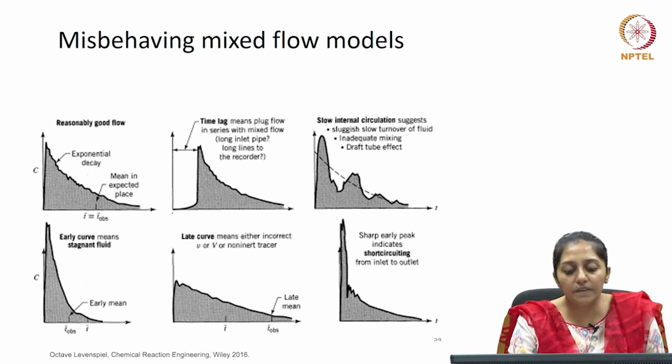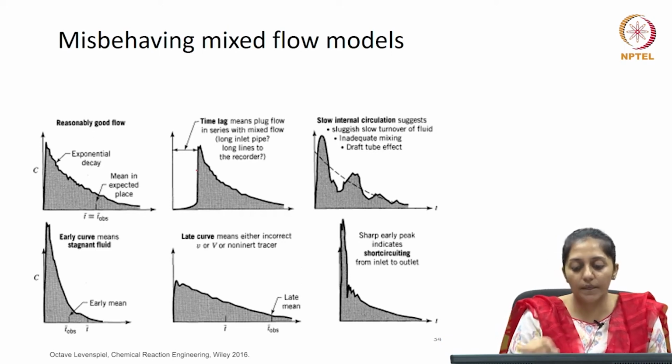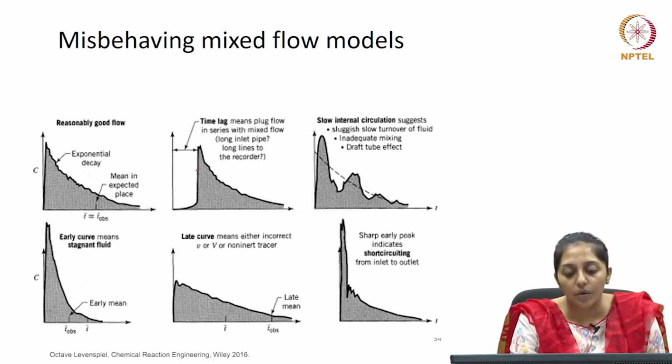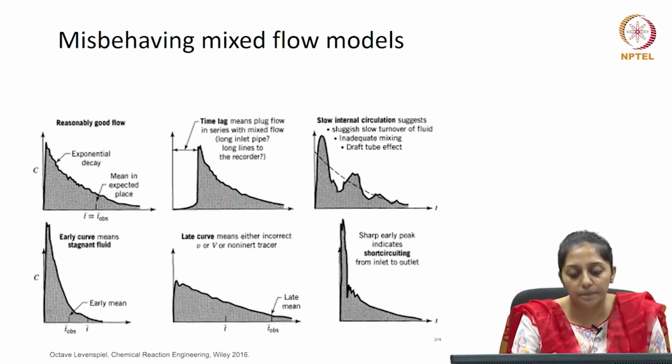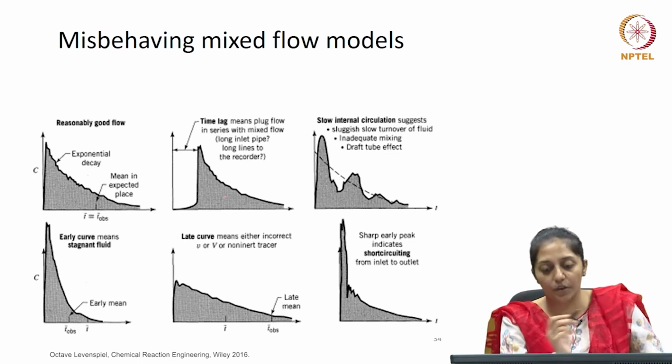Now, if you observe that there is a lag and then a sudden rise in the concentration with subsequent exponential decay in the C versus T curve, then this would mean that there is a very long inlet pipe, which indicates long lines for recording. So, either at the exit or at the entry there are long pipes, and there is a lag due to the path covered by the fluid elements.